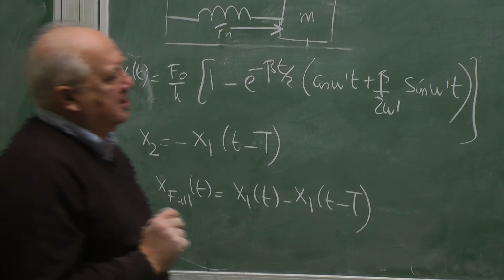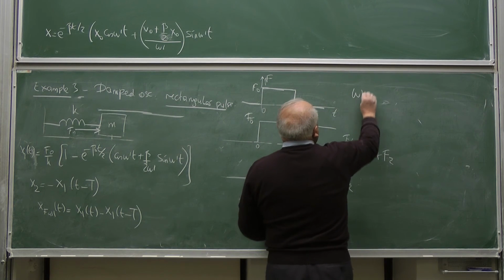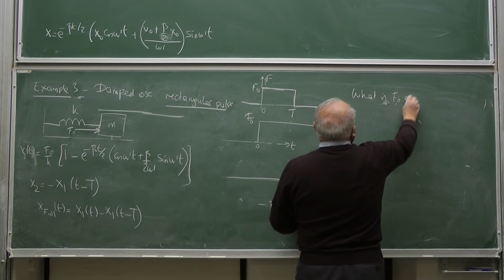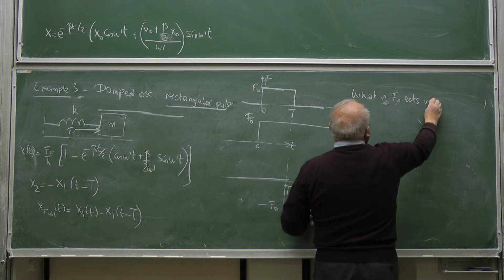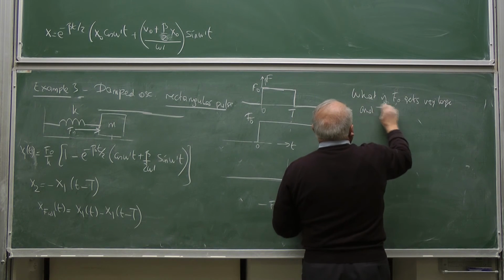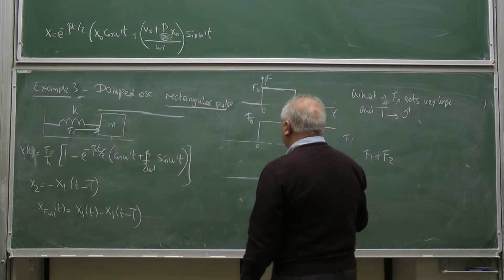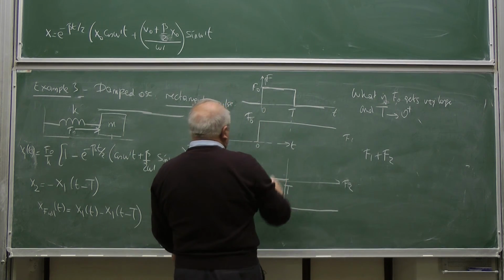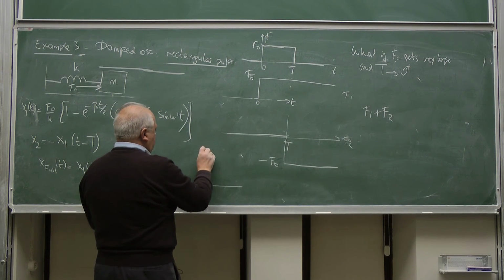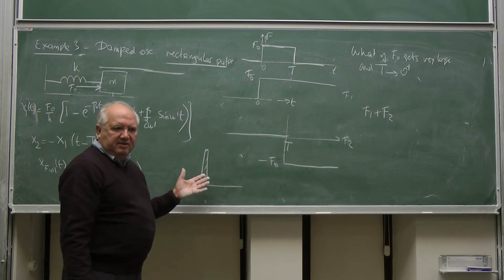There is an interesting limit. We may ask, what if f0 gets very large, and t0 goes to 0 plus? Instead of this pulse, I get this, mimicking the impulsive force.